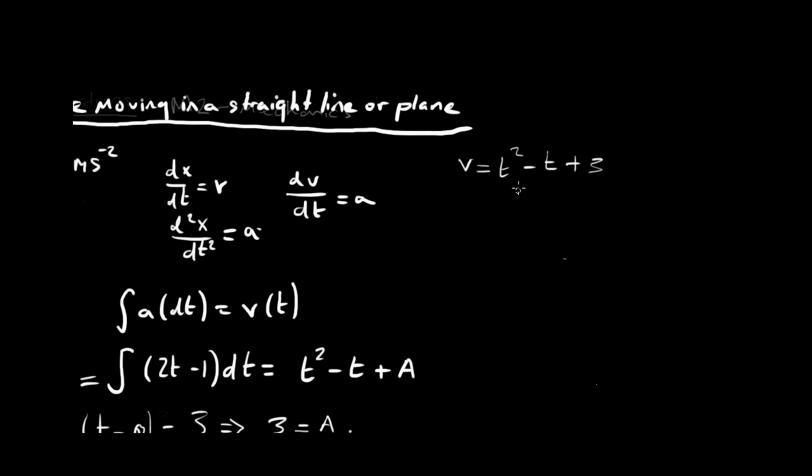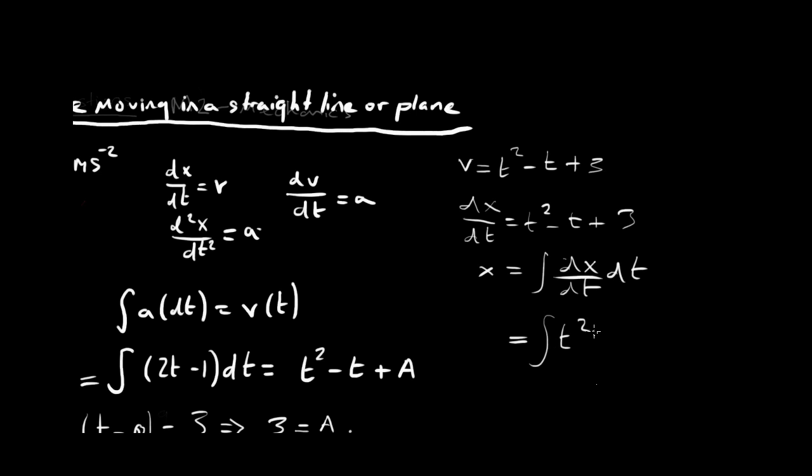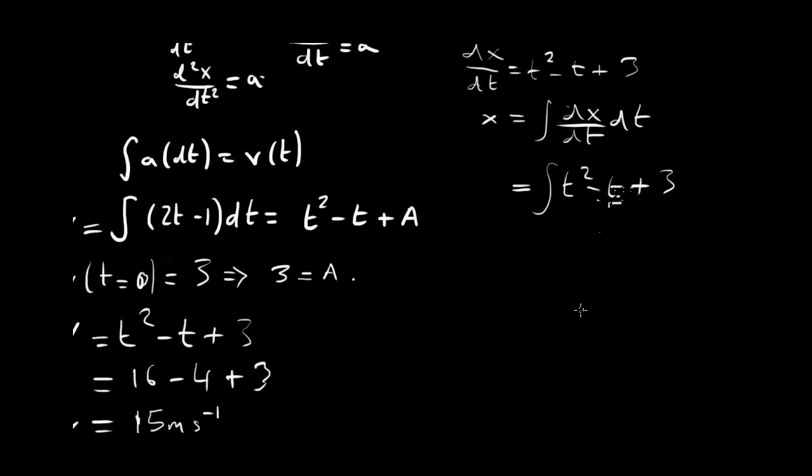We're gonna have to integrate that in order to get our x, because v is the same thing as dx by dt. So if dx by dt is t squared minus t plus 3, then x will be equal to the integral of dx by dt with respect to time, which is equal to the integral of t squared minus t plus 3 with respect to time.